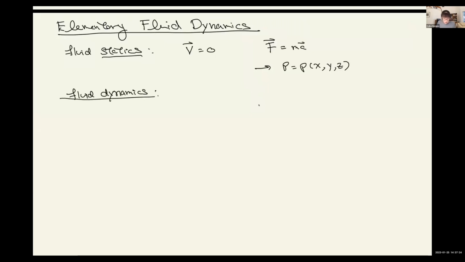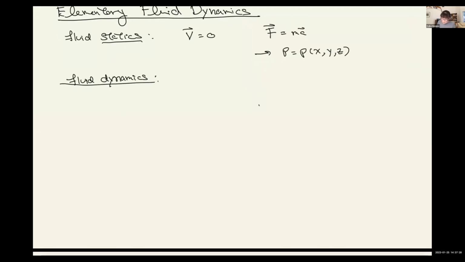So if we consider in general 3D space, X, Y, Z, and we have our fluid motion, and the lines indicating the direction of the flow, I'm going to define this more precisely in a second.